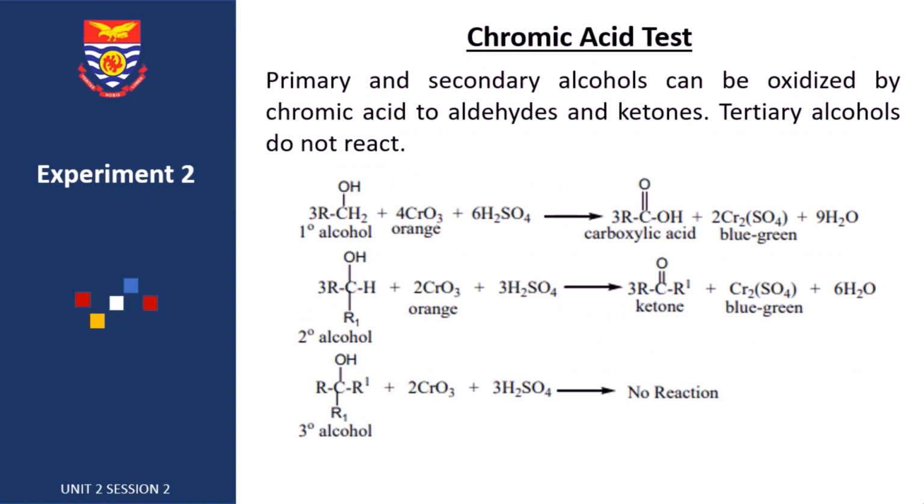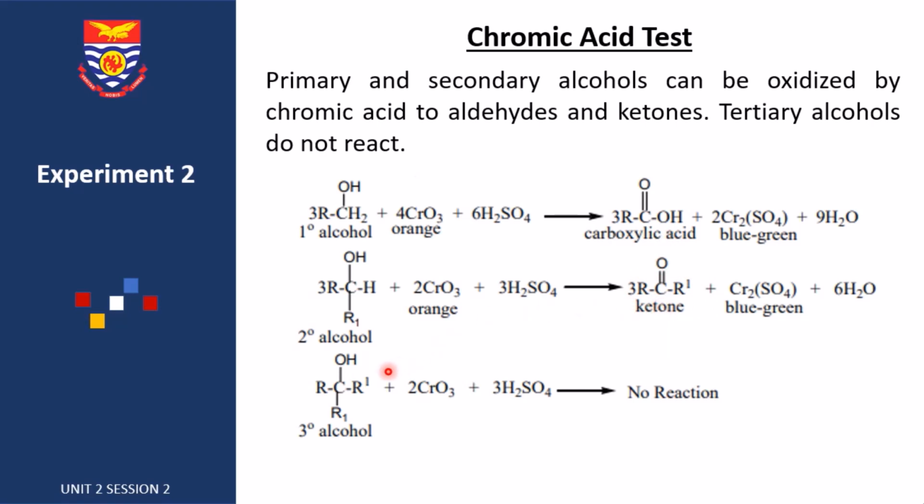Now the next thing we'll look at is the chromic acid test. Primary and secondary alcohols can be oxidized by the chromic acid reagent to aldehydes and ketones. Here we have our carboxylic acid being formed, and here we have our ketone being formed.